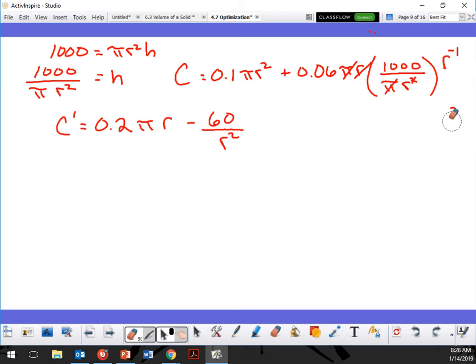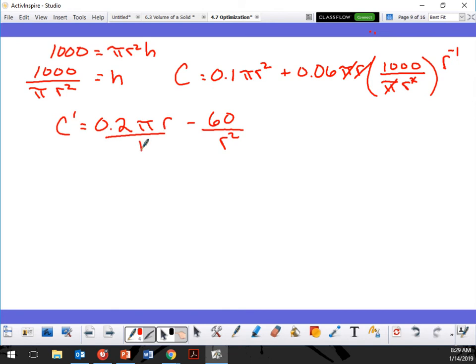All right. Okay. So now we got this right here. Since we're minimizing cost, I need to set this equal to 0, right? So I need a common denominator also. So this is going to be over 1, right?